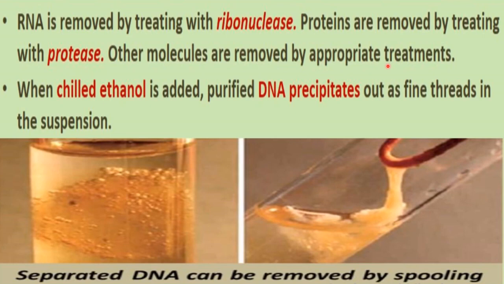Finally we will have only DNA in that mixture. After treatment with these enzymes, we add chilled ethanol, and purified DNA precipitates, as you can see here in this tube. We have the extract from the cell, in which we have removed all the other biomacromolecules, and finally we have added chilled ethanol.